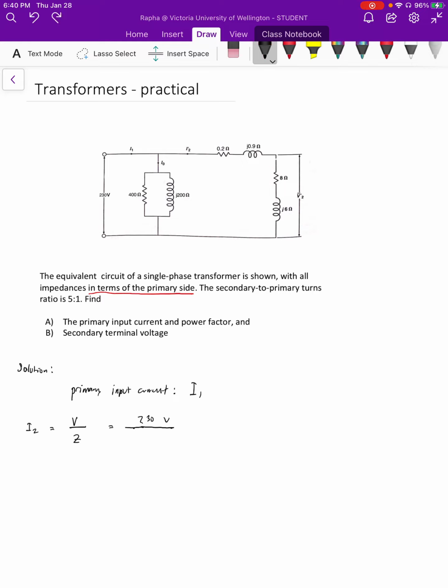So we will write 0.2 plus J 0.9 plus 8 plus J6.